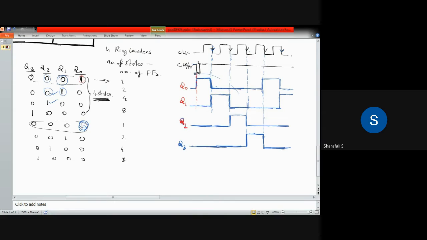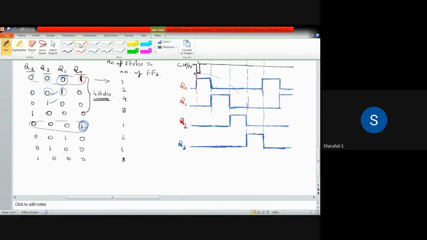If you continue this clock pulse, you will again have values corresponding to Q0, Q1, Q2, Q3, etc. But up to this third clock pulse, we have 4 states, and then it repeats.